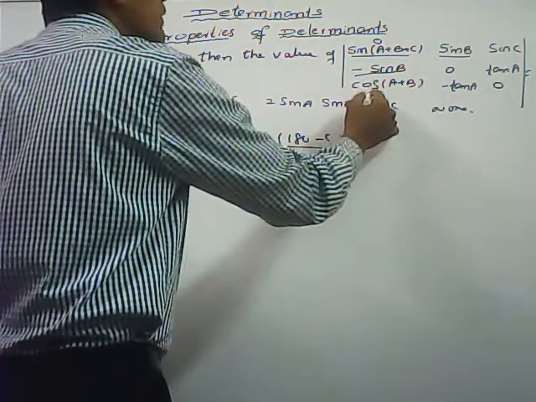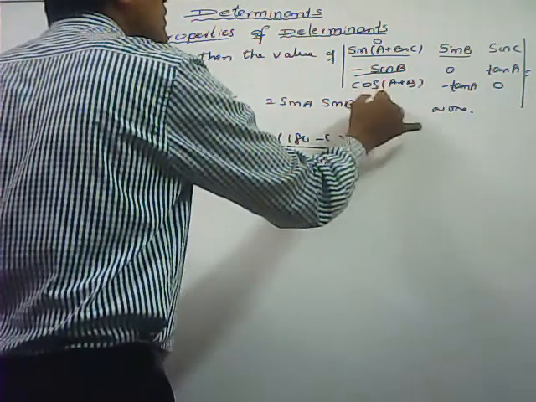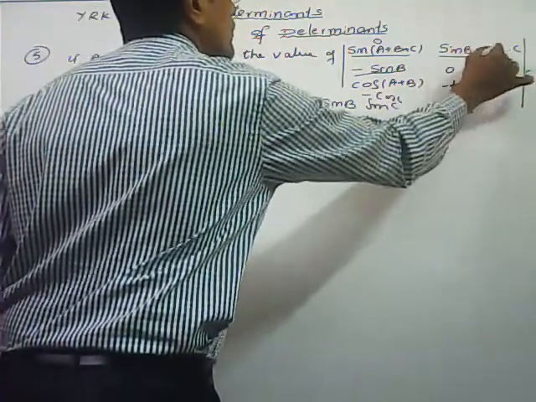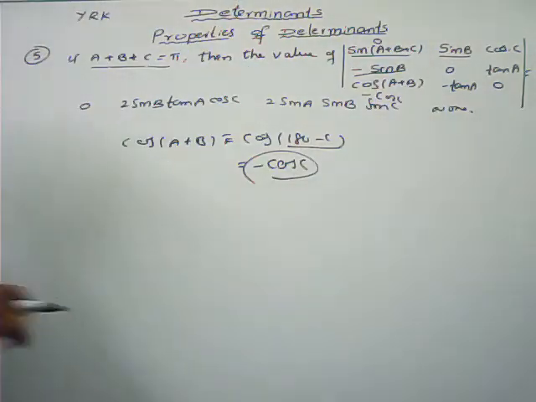Here we can write minus cos c. So this is cos c only. Sin b, cos c. Here the ith row jth column element is equal to minus the jth row ith column element.